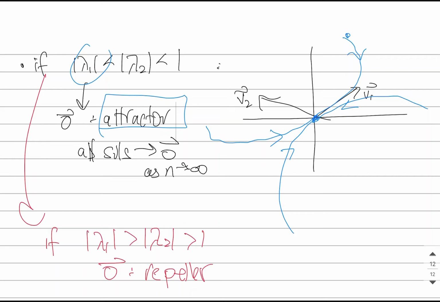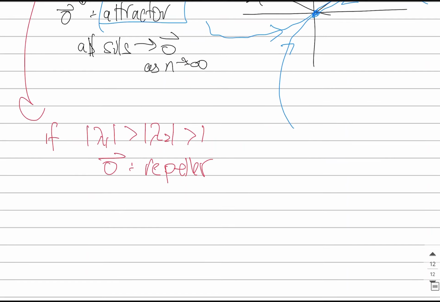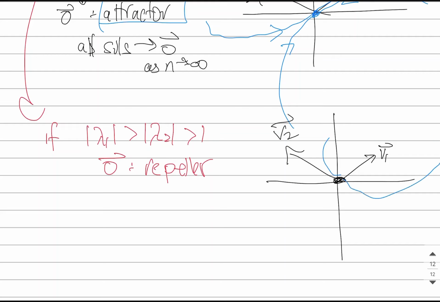It repels all of the trajectories. And again, it always ends up on a dominant eigenvector. And that's it. When you've got real eigenvectors and real eigenvalues, this is how the behavior goes.